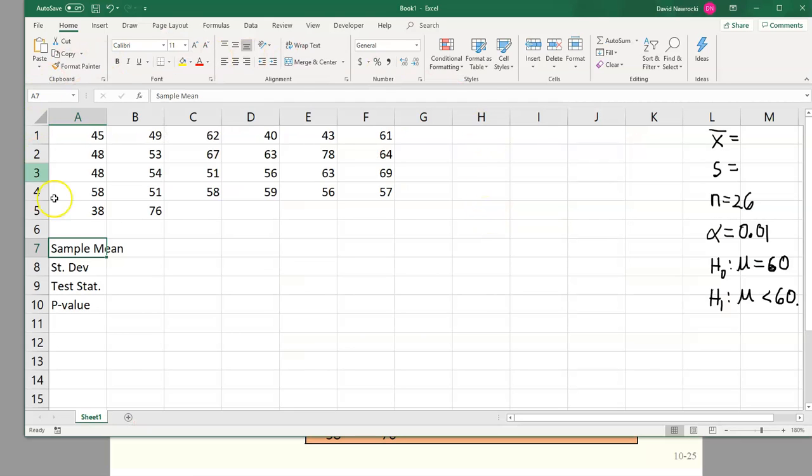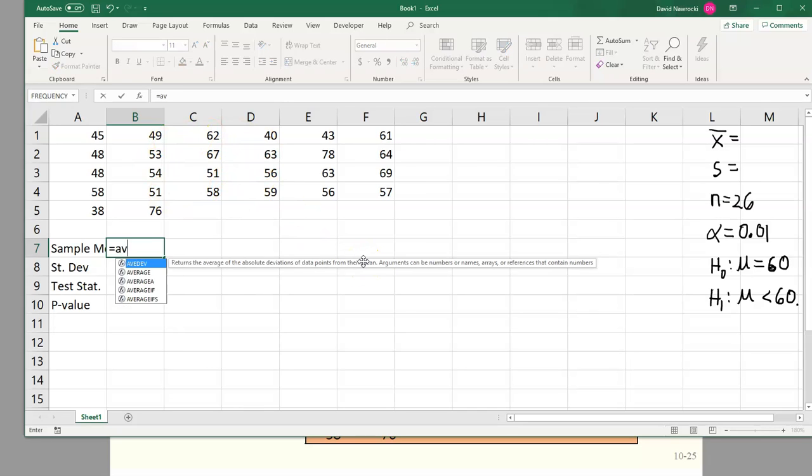Now here we have all of our data entered into Excel. We need to calculate our sample mean, sample standard deviation, test statistic, and p-value. And then we can determine whether we should reject or fail to reject H0. So our sample mean from our data up here is going to be, using Excel, average.